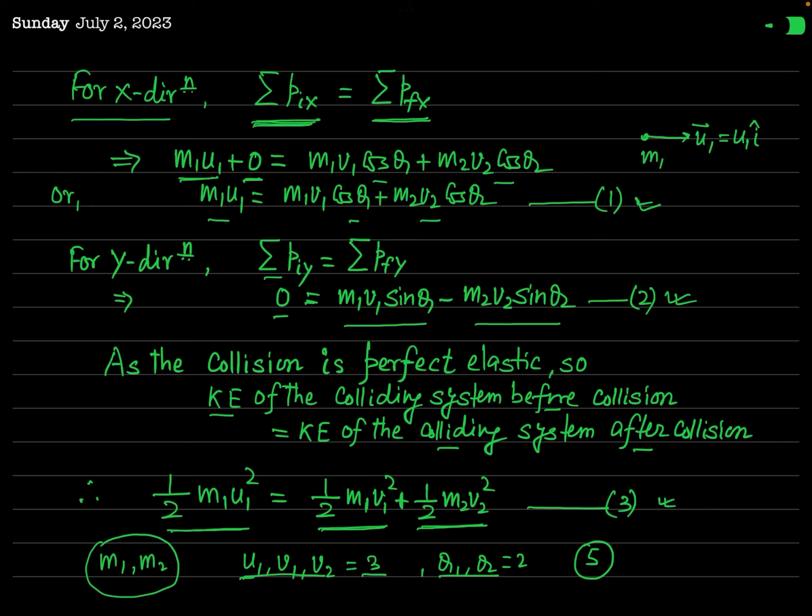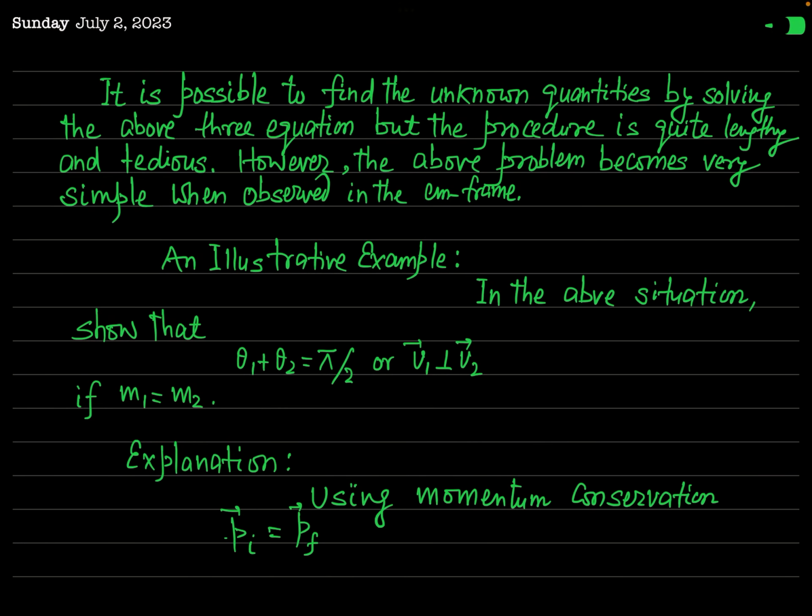So when there is a proper problem, definitely something will be given and something will be to find. I have written here that it is possible to find the unknown quantities by solving the above 3 equations. But the solution in the lab frame is not very easy.